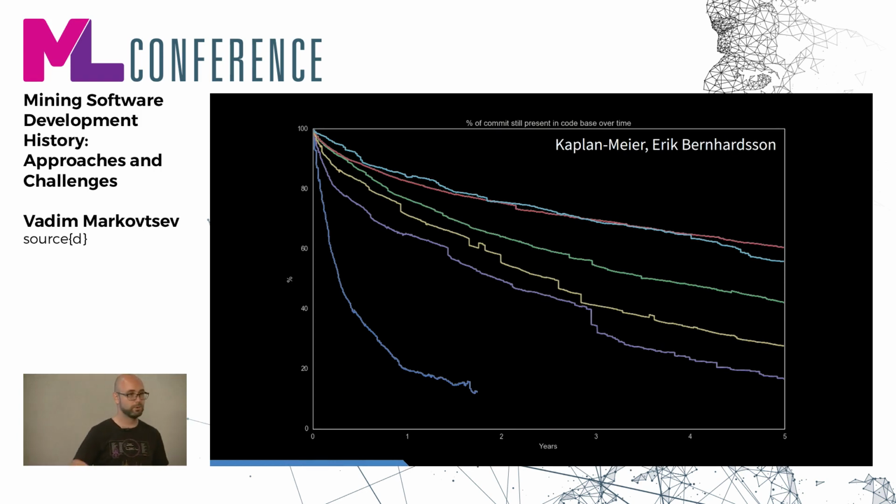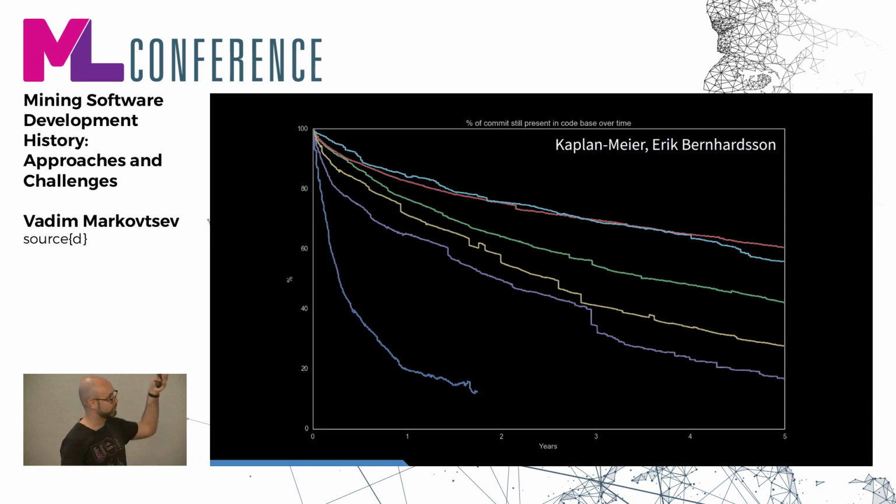So we want something more advanced than just plotting these stats. And Erik Bernhardsson, in his blog post called Git of Theseus, at the end of 2016, proposed to improve this, make it more scientific by plotting Kaplan-Meier survival analysis estimation. So Kaplan-Meier is an extension of cohort analysis. It's more powerful. The awesome thing about it is that it allows you to approximate for time periods which you haven't really seen.